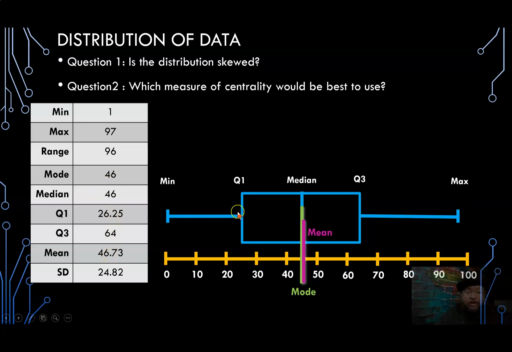Even looking at this box and whisker here, we can see the whiskers look roughly the same size, so do the boxes, and the mode, mean, and median are all basically overlapping. So what we have here is roughly a normal distribution that's not skewed enough, so I would just classify it as a basic normal distribution.